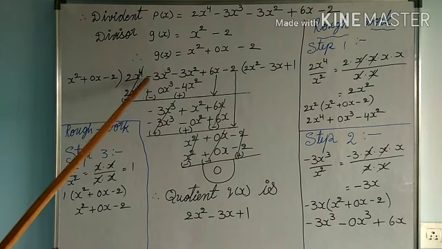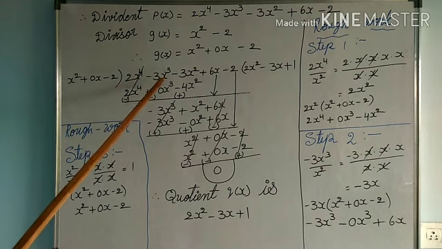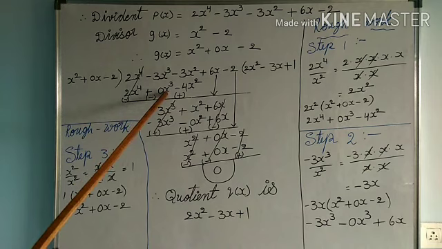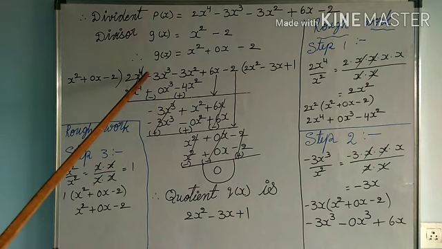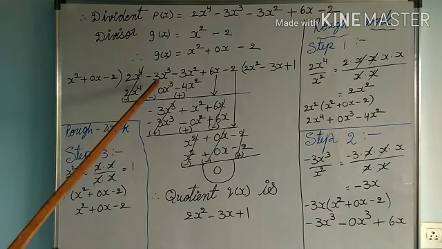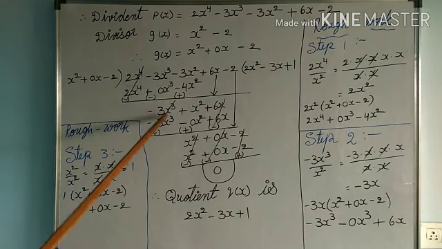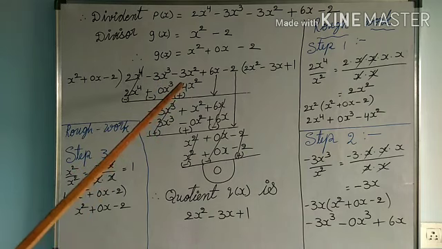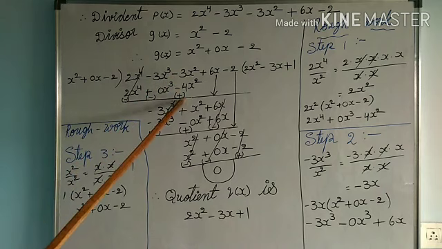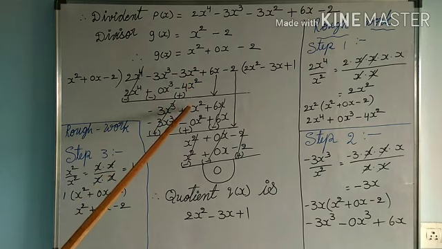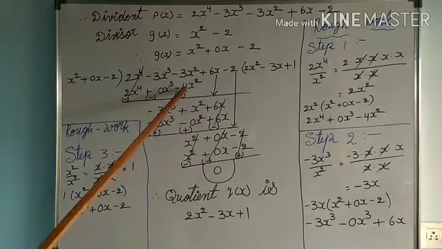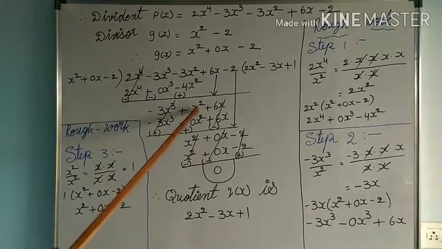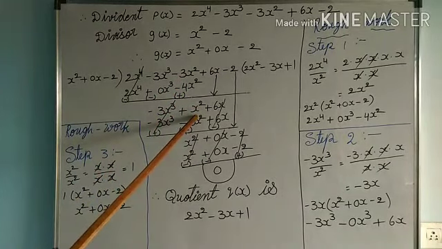Next, minus 3x cube minus 0x cube is minus 3x cube. Then minus 3x square plus 4x square equals x square.